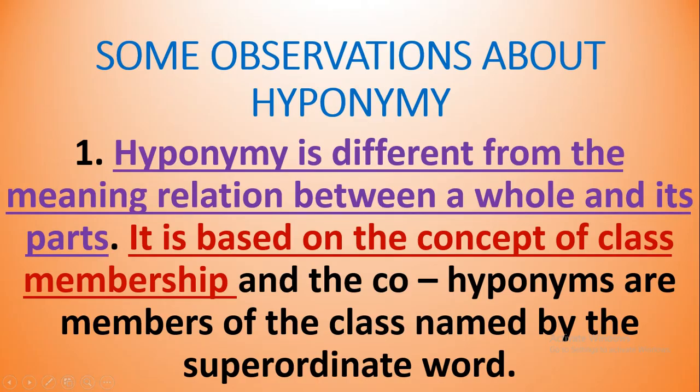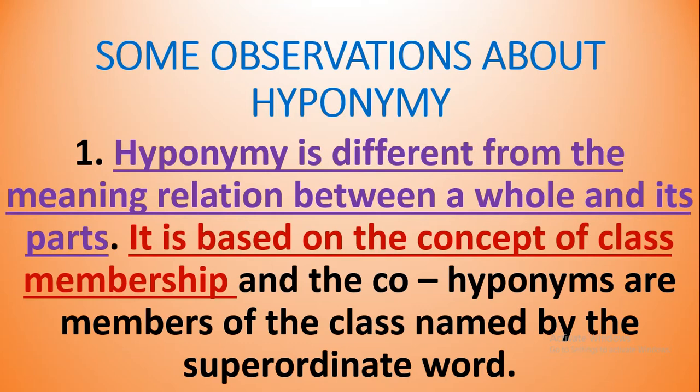There are some observations about hyponymy. First of all, you have to distinguish hyponymy from the other relation, which is part of. So, hyponymy is different from the meaning relation between a whole and its parts. It is based on the concept of class membership.